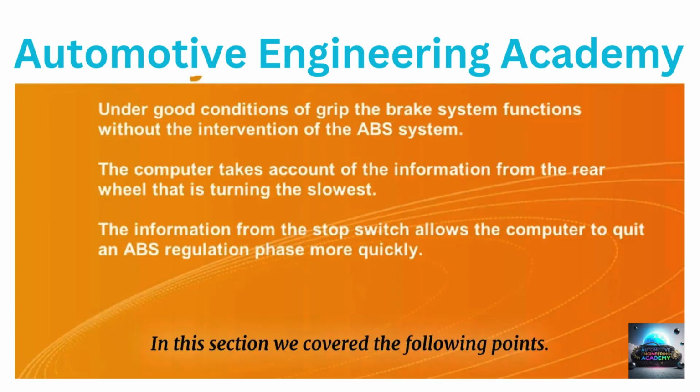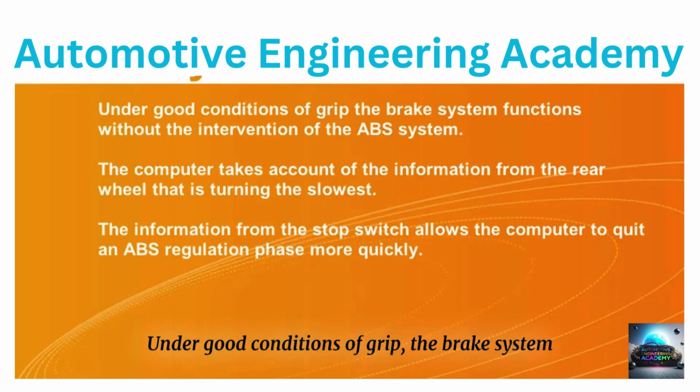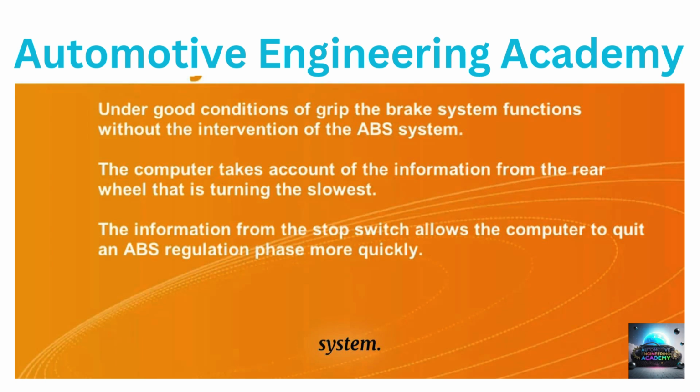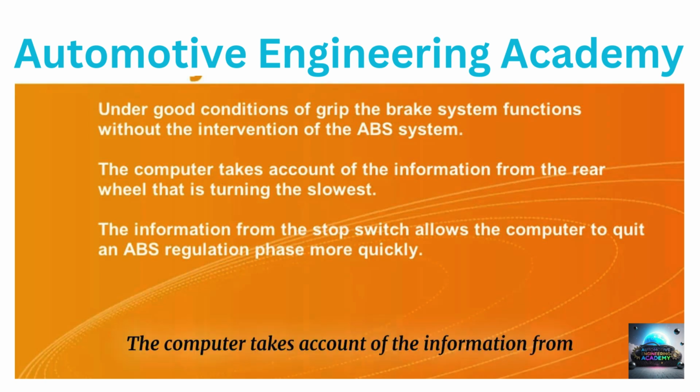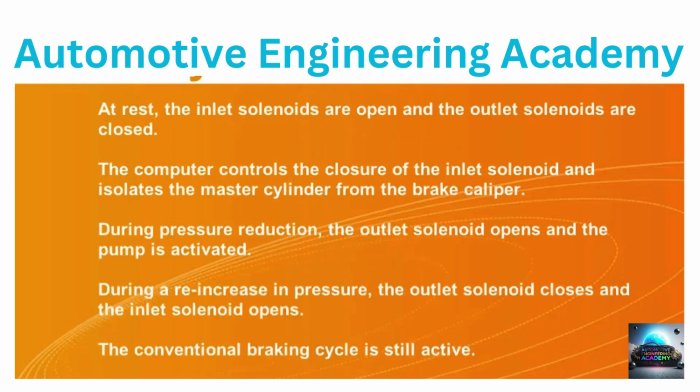In this section, we covered the following points. Under good conditions of grip, the brake system functions without the intervention of the ABS system. The computer takes account of the information from the rear wheel that is turning the slowest. The information from the stop switch allows the computer to quit an ABS regulation phase more quickly. At rest, the inlet solenoids are open and the outlet solenoids are closed.